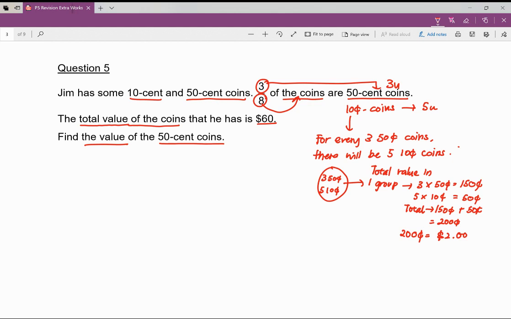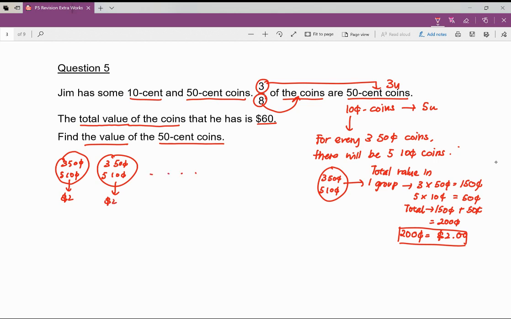So I know that in one group, the value is $2 for 3 50-cent coins and 5 10-cent coins. So what does this mean? It means that every group of 3 50-cent coins and 5 10-cent coins will give me $2.